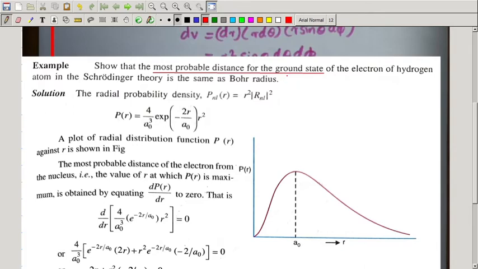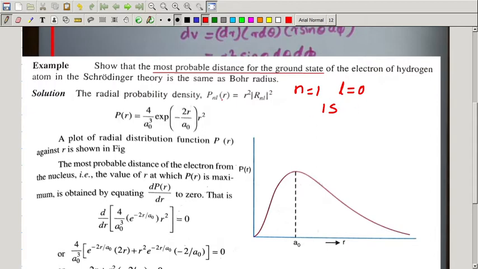Ground state means n equal to 1, and the only allowed value of L for n equal to 1 is 0. So n equal to 1 and L equal to 0 means the 1s electron. So the 1s electron is the ground state electron in the hydrogen atom. So find its probability density.